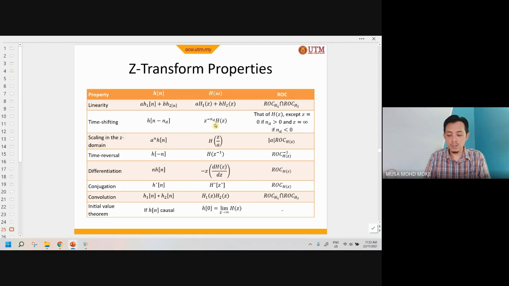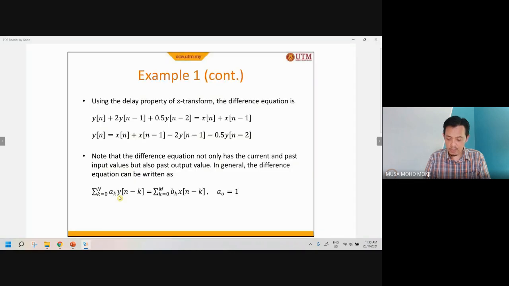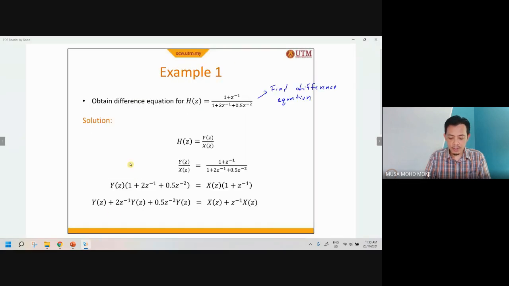So what is the difference? This is using a capital letter, this is using a small letter. Because of that, we know that this is Y(z), so no z in front. This Y(z) has nothing, no z in front. But this Y(z) has a 2z^-1.